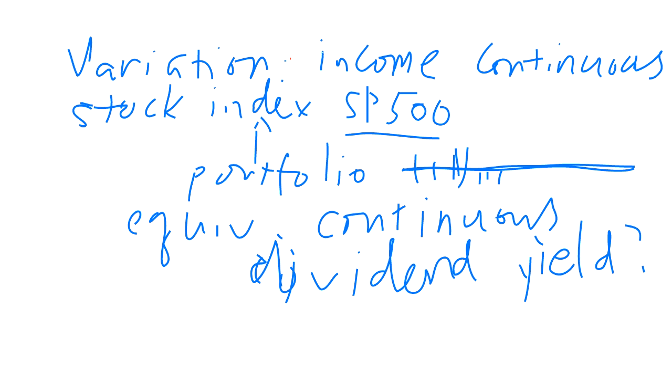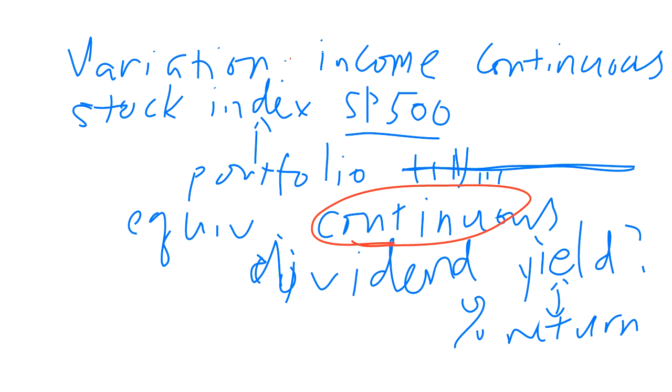What is the continuous dividend yield? Remember, yield or return is in the percentage sense, so these are going to be in a rate sense. If you see the wording of continuous dividend yield, then it's not going to be dividend in dollars. It's not going to be $3, $4. It will be a certain percent.